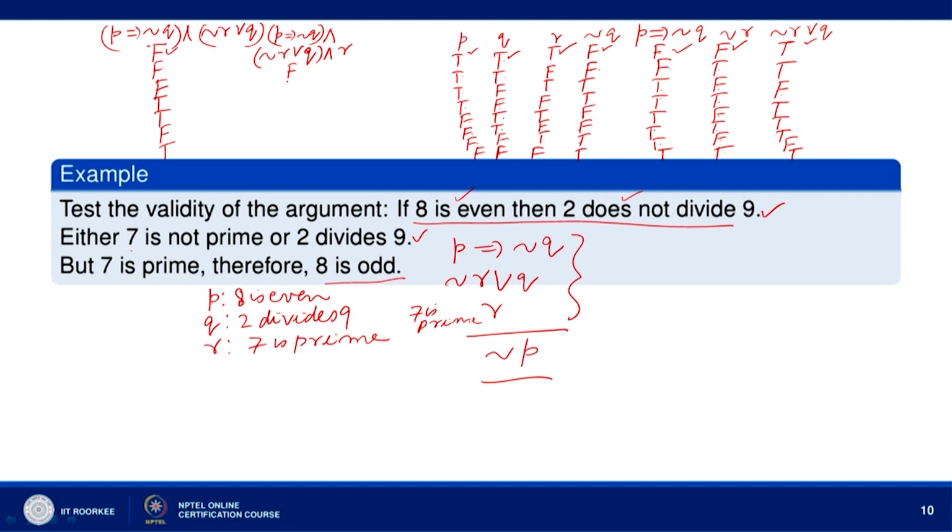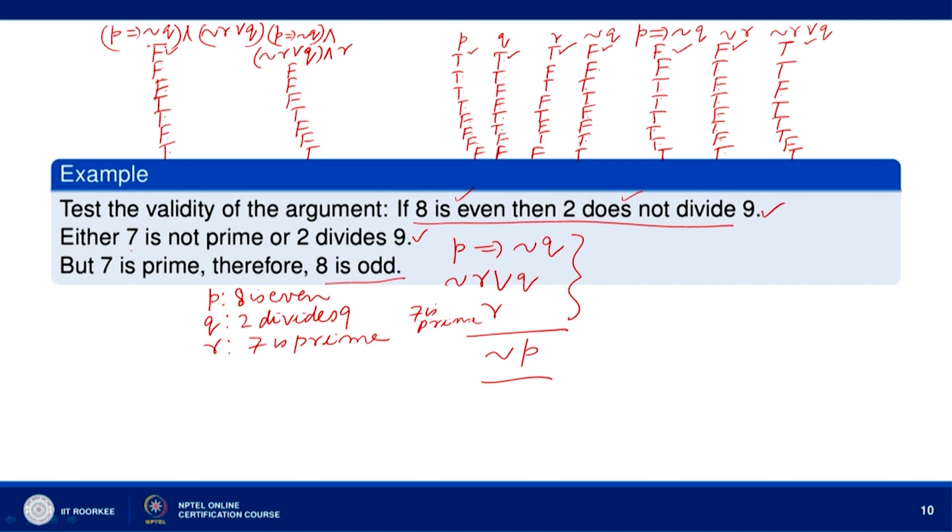Then F F is F. Then T F is F. Then T T is T. Then F T is F. Then T F is F. Then T T is T. There are 6 only. So, I think we have missed one. Just a moment. See, we are considering this column: 1, 2, 3, 4, 5, 6, 7. There are 6 here only, 7 here.